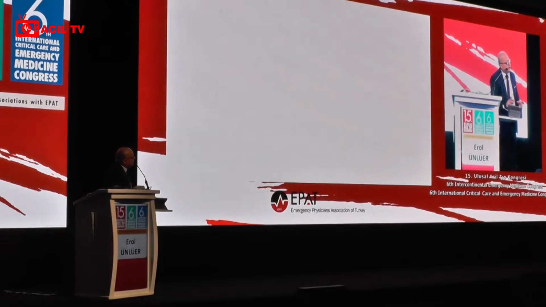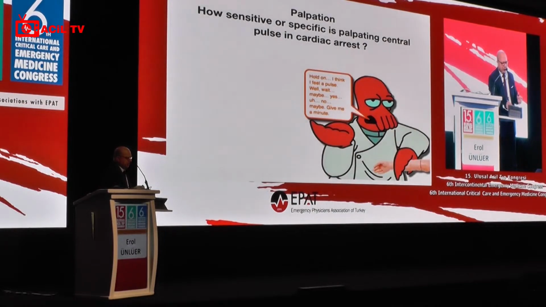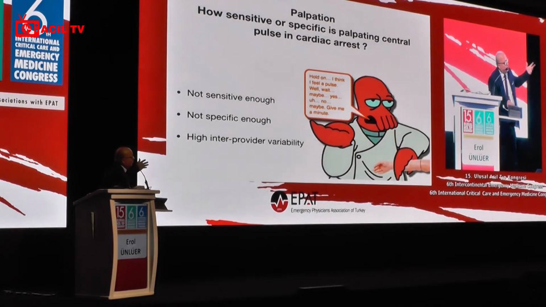So after this brief information, we can go on to the other steps of physical examination, and we should start with palpation. We most commonly use palpation for our unstable, emergent patients, and for the pulse check, the first step.